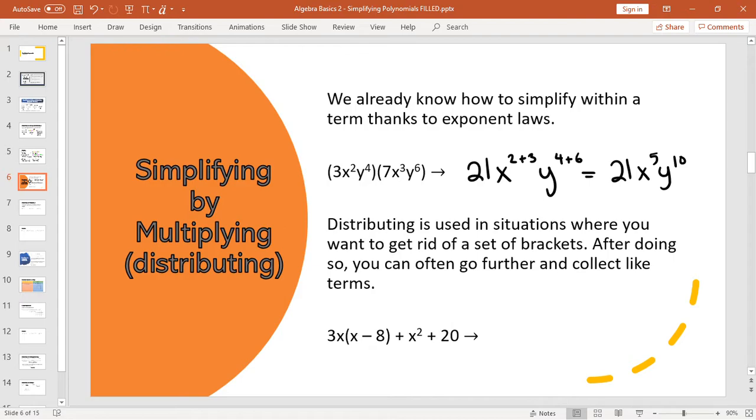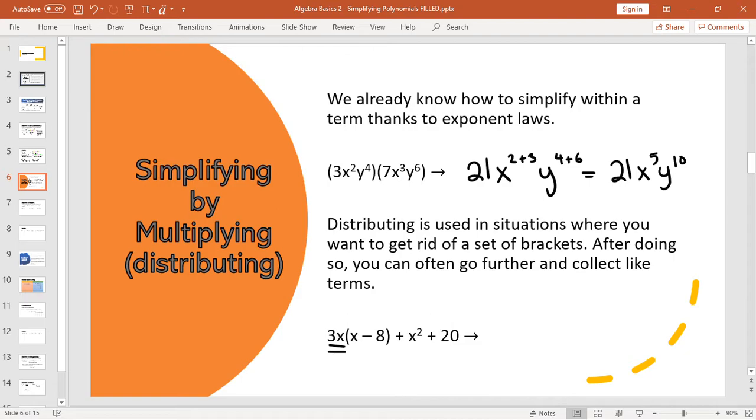Distribution is a little different in that we have a 3x and we want to multiply it by something in brackets that's more than one term. It's not just one term all smashed together within those brackets. So we're going to do that, and then often once we do it, we can do further math and collect like terms.